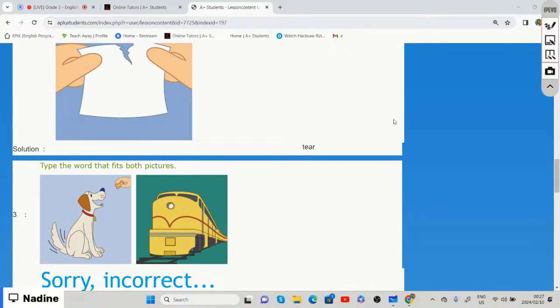And then let's go to the last one. Yeah, they're showing a puppy, right? And then they're also showing a form of transport. I'm going to call it the form of transport, right? So what form of transport is this that you'll find on the tracks or you'll find on the rails?